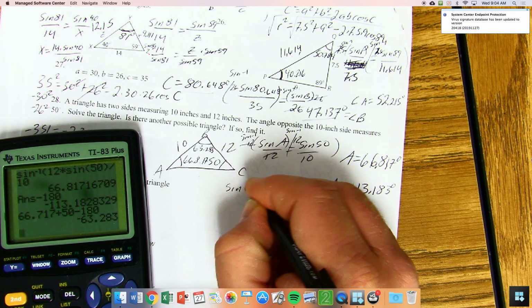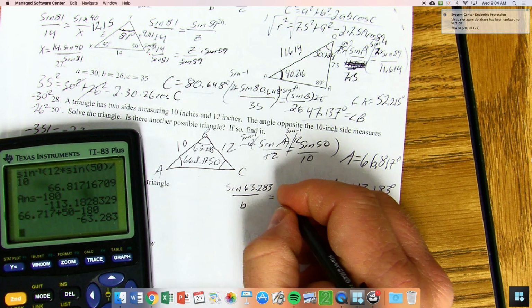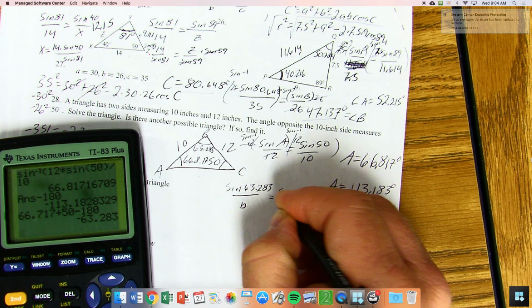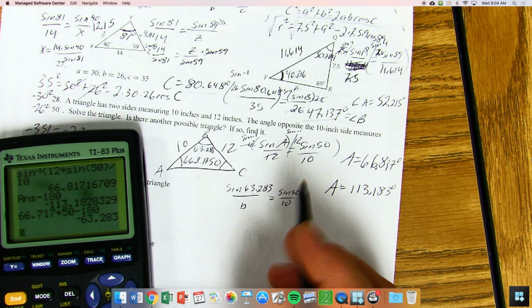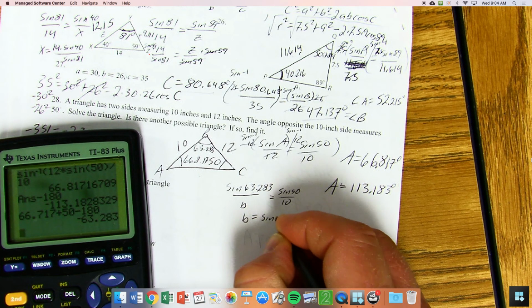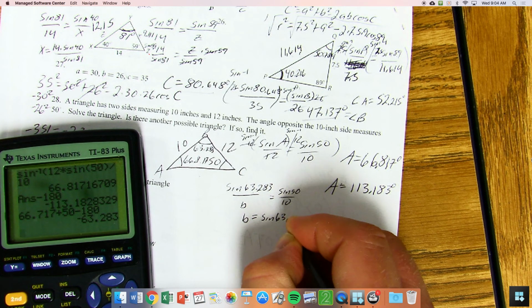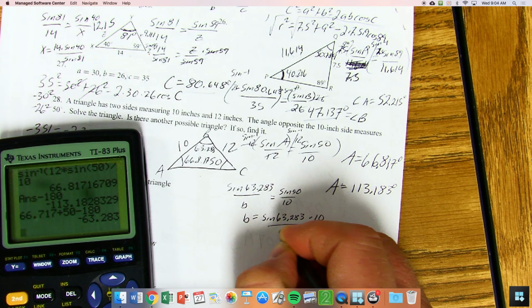To find this side, I would just take sine of 63.283 over little b is equal to sine 50 over 10. Take both sides and flip it. Multiply by sine 63.283. So b equals sine 63.283 times 10 over sine 50.